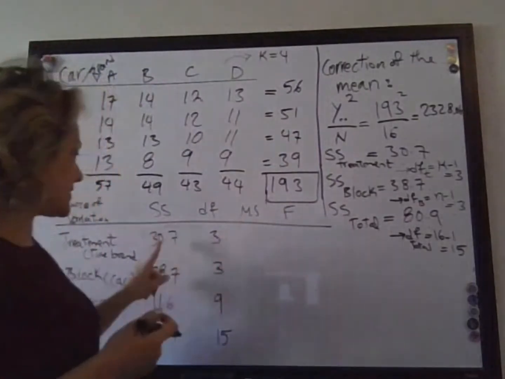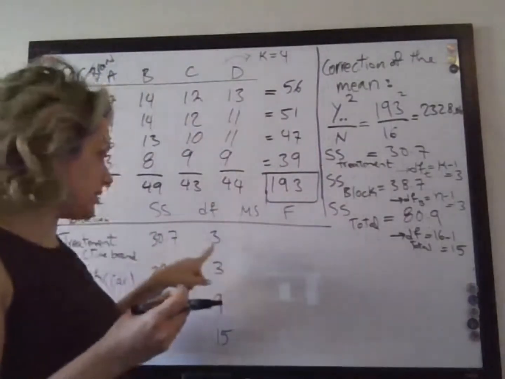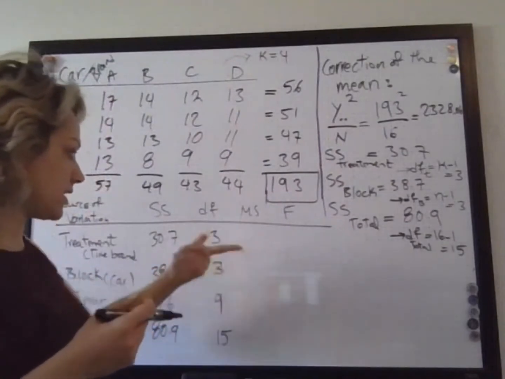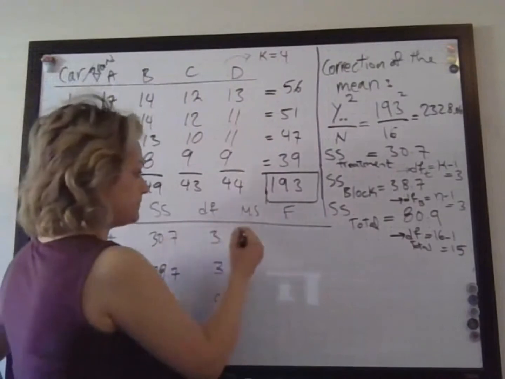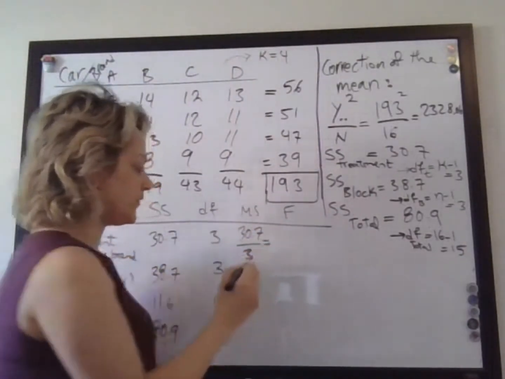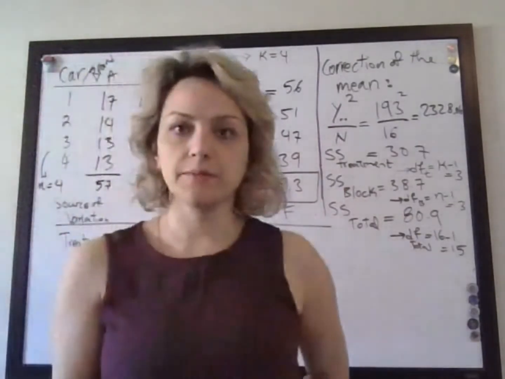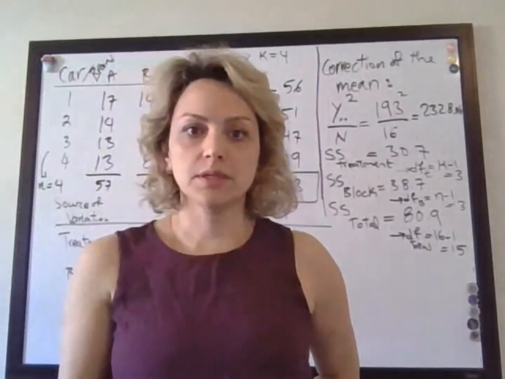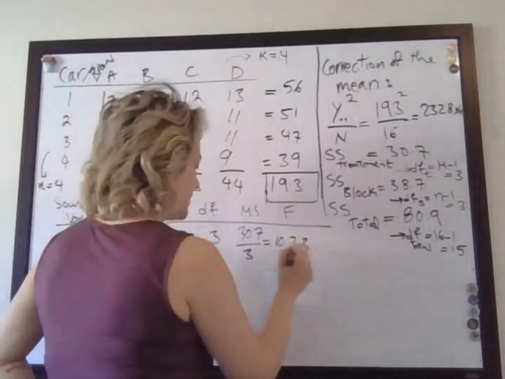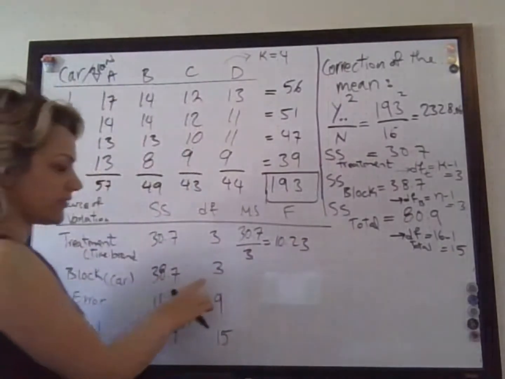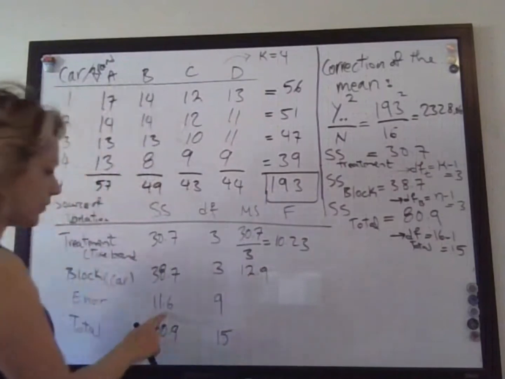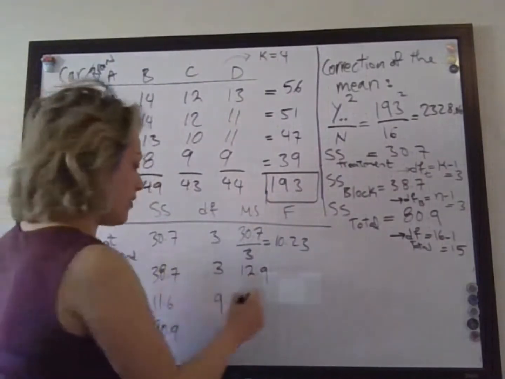So for MS, we said that whatever you have for the sum of squares divided by the degrees of freedom is going to give you the mean square. So 30.7 divided by 3 is going to be 10.23, and we do the same thing, 38.7 divided by 3, so it's going to be 12.9. 11.6 divided by 9 is going to be 1.3.